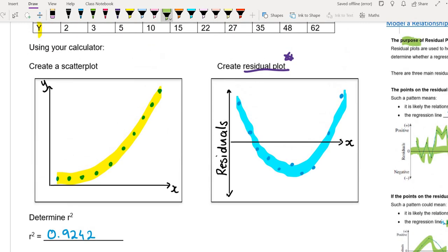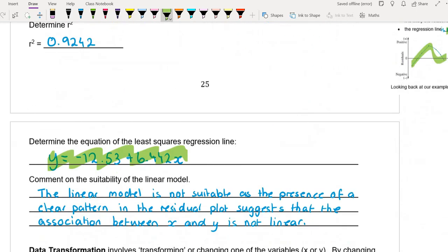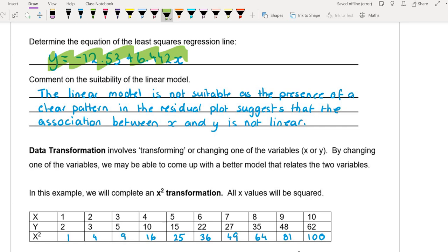If we look at the residual plot, we know there's a clear pattern, so we know that this isn't a linear relationship. So if we're asked to comment on the suitability of using this as a linear model, we can say it's not suitable because of the presence of the clear pattern in the residual plot, and so x and y is not linear.